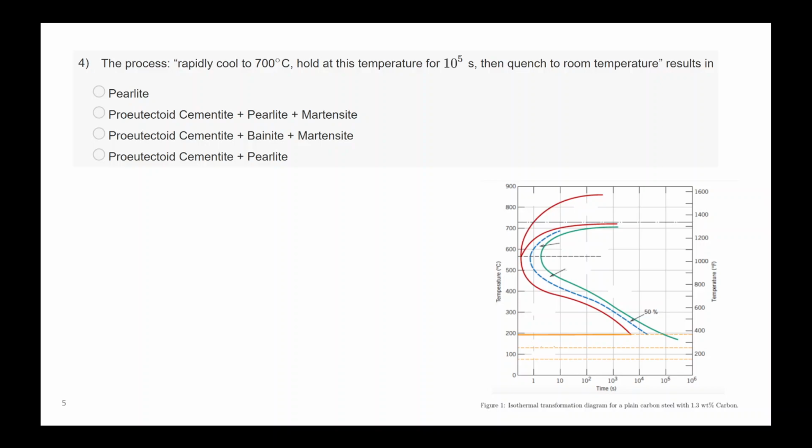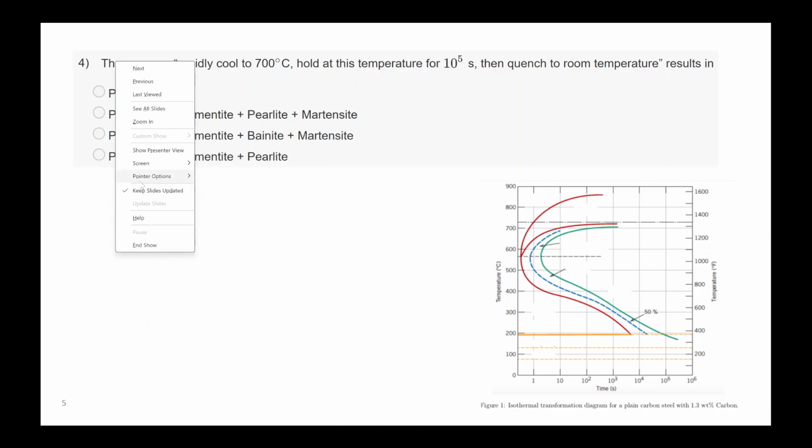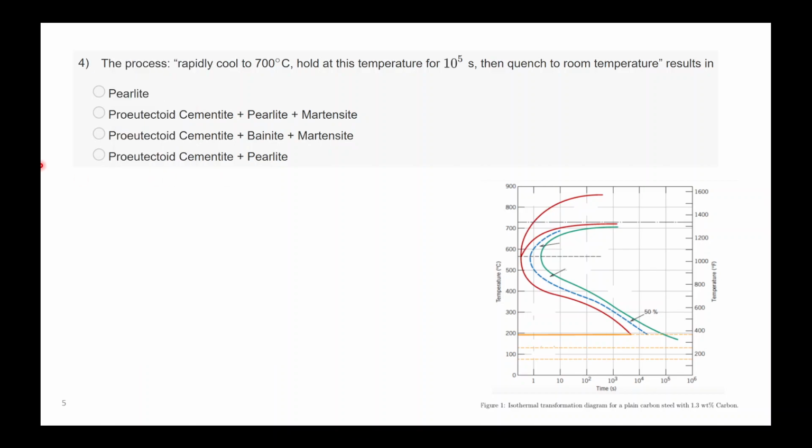Your options are perlite, proeutectoid cementite plus perlite plus martensite, or proeutectoid cementite plus bainite plus martensite, or proeutectoid cementite plus perlite. Again you have to draw a cooling curve based on the given conditions.